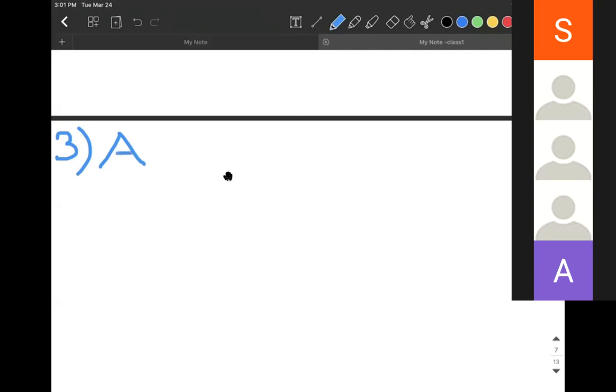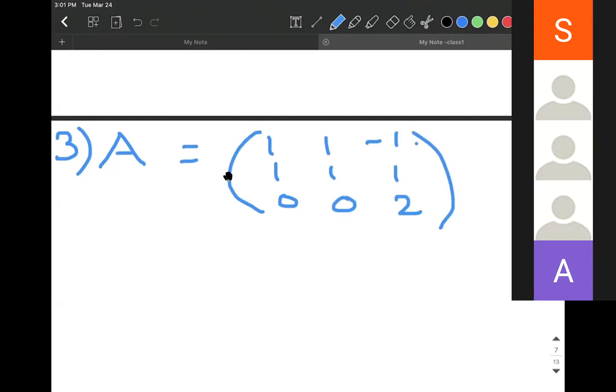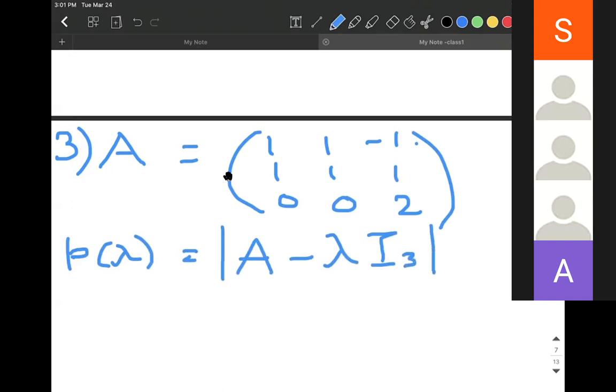Okay, so let's do this one. Now A is a 3x3 matrix. So 1, 1 minus 1, 1, 1 and 1, and 0, 0, 2. Then same idea. So you have this characteristic equation, A minus lambda I3 equals 0. So this is the characteristic polynomial which will give you the eigenvalue.